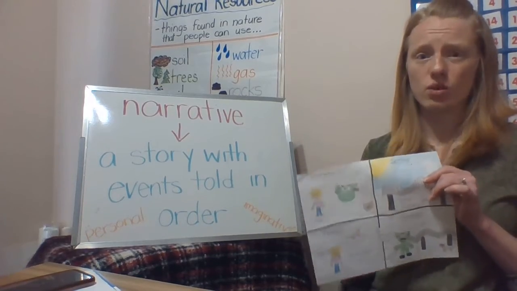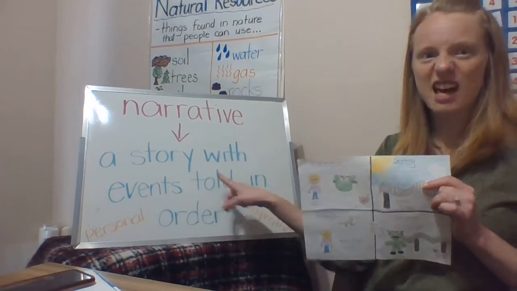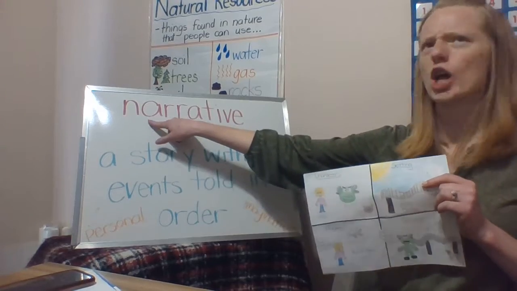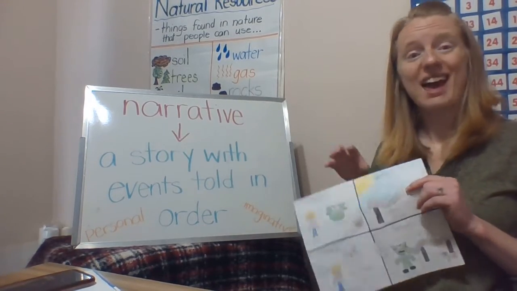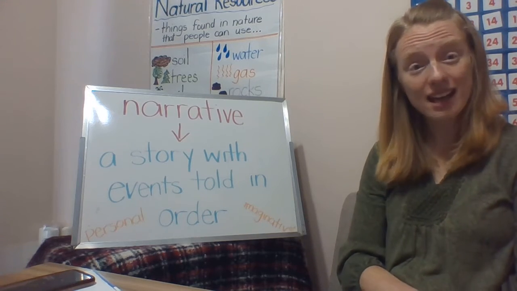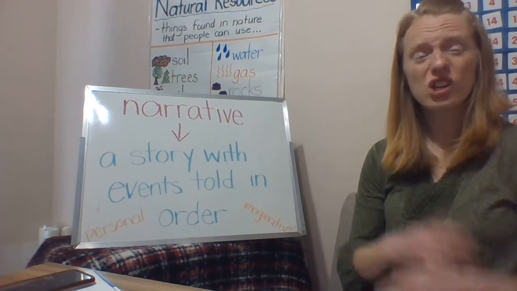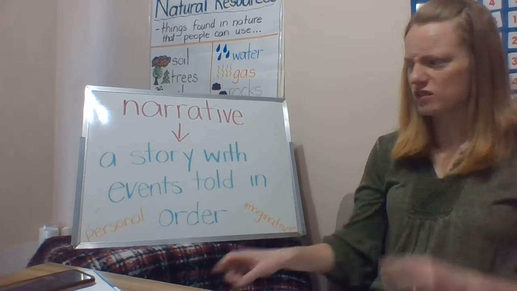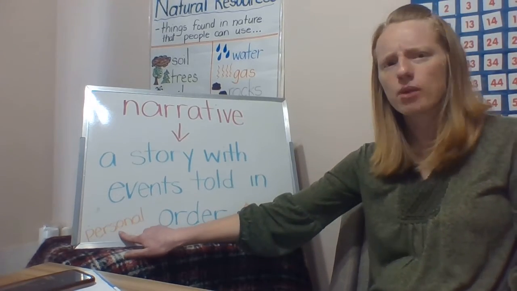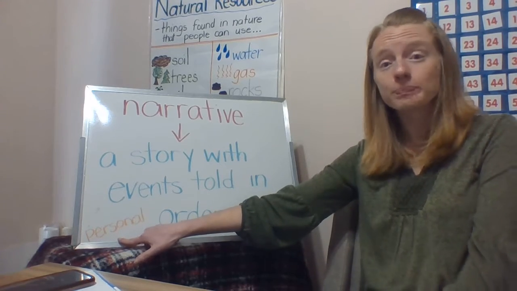So this kind of story that has events that are told in order is called a narrative. Can you say that word with me? Narrative. And guess what? You have been writing narratives all year long. You just didn't know that it was called a narrative yet. There are 2 kinds of narratives. There are personal narratives. Personal means that they are about you.